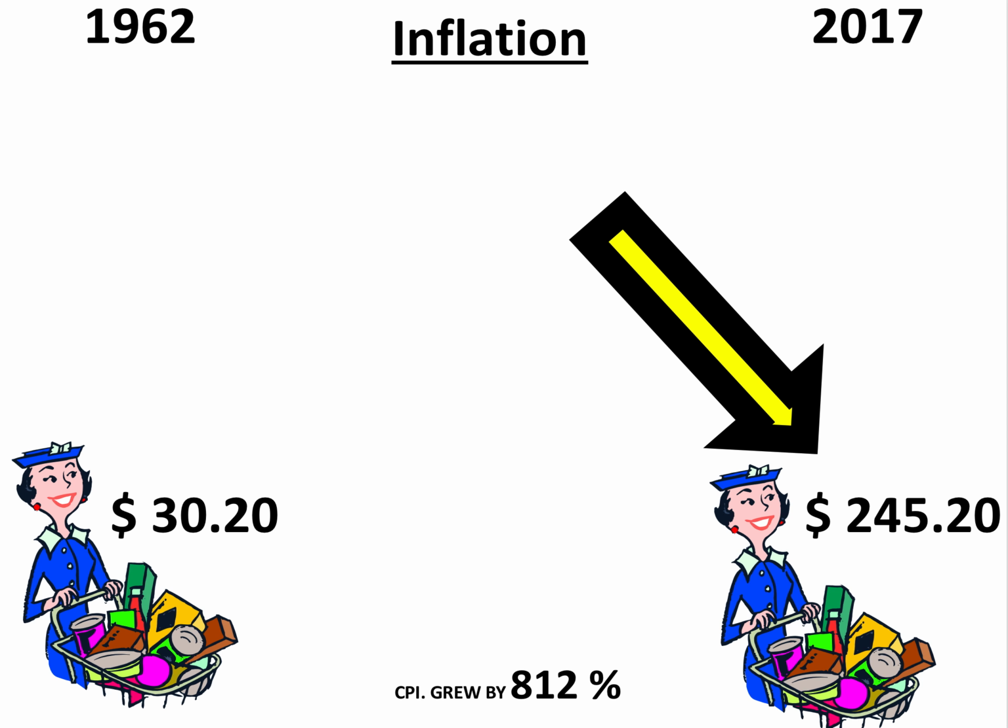So it had gone up by that much over that 50 years. So if we were to go back in time and look at what the dollar amount that somebody got paid then was, and we multiplied it by 8.12, that would tell us how much they would need today to buy the equivalent things. That's how we're going to measure inflation.